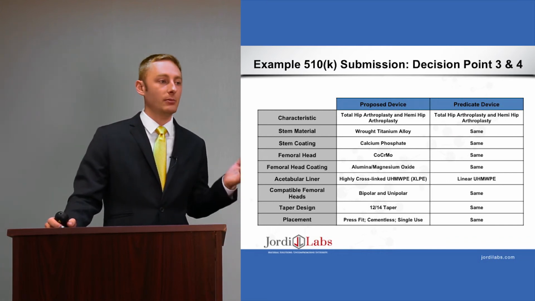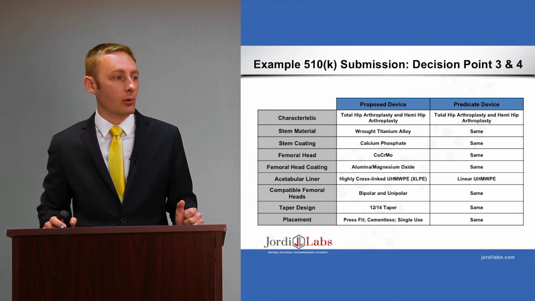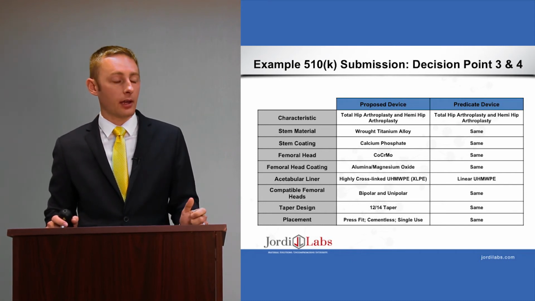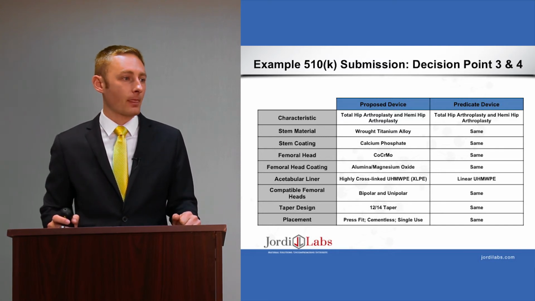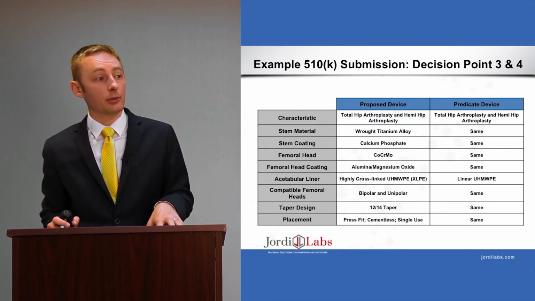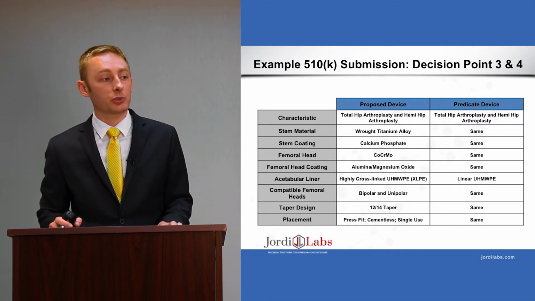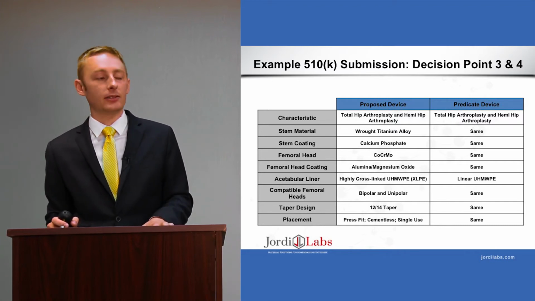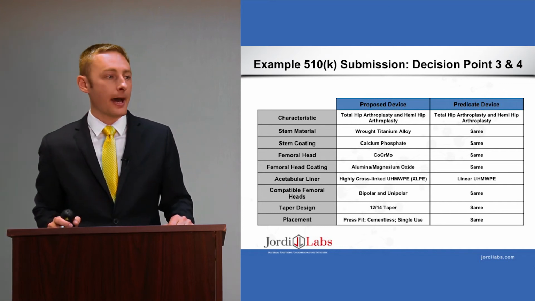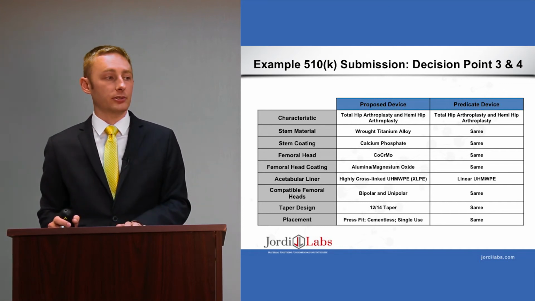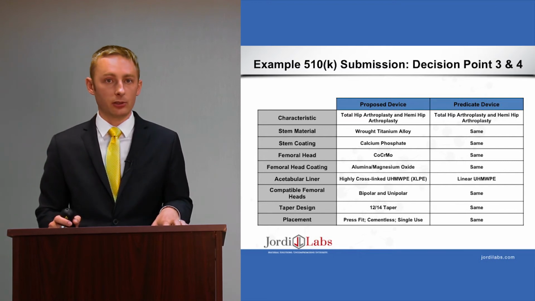We have wrought titanium, we have calcium phosphate stem coating, we have a cobalt chromoly femoral head coating on this. Now at the acetabular liner, we have a highly cross-linked ultra-high molecular weight, or an XLPE as the FDA refers to it, versus a linear ultra-high molecular weight.